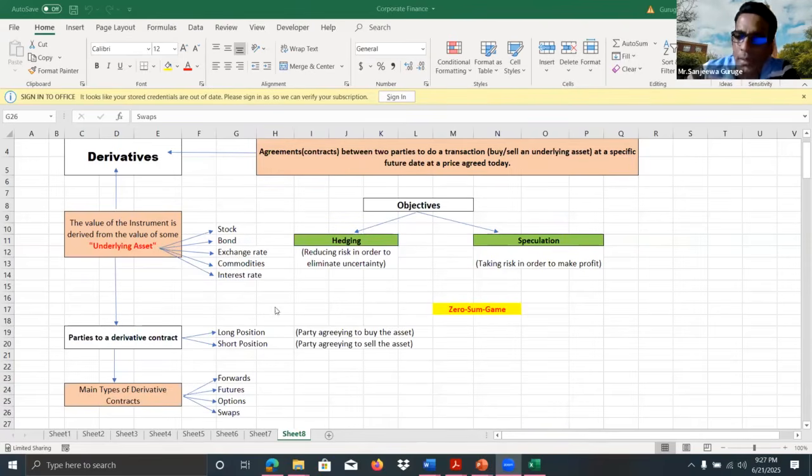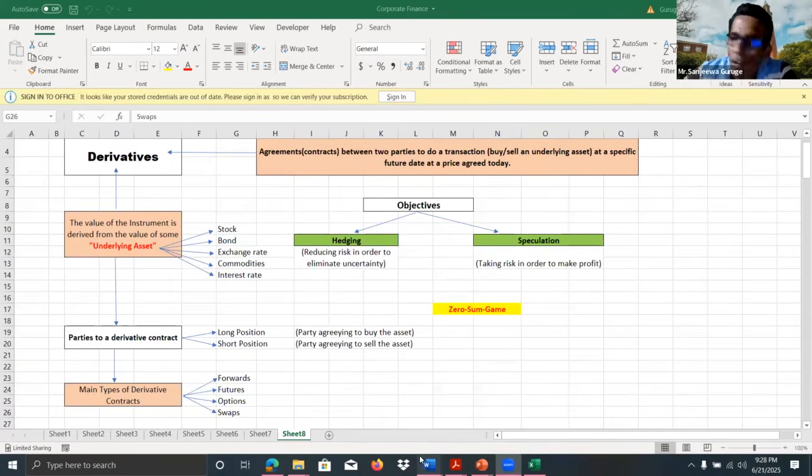Against which currency has the Sri Lankan rupee shown the highest depreciation? What do you think? Okay, a lot of answers, US dollar. No, that is not the currency that shows the highest depreciation. Yeah, this is the answer: yen, right? Yen.